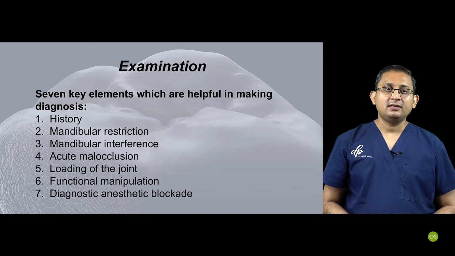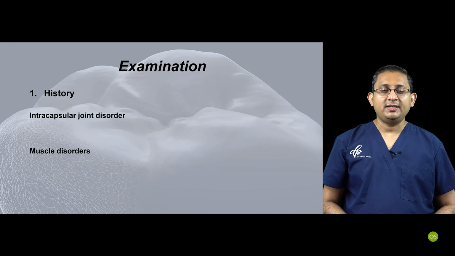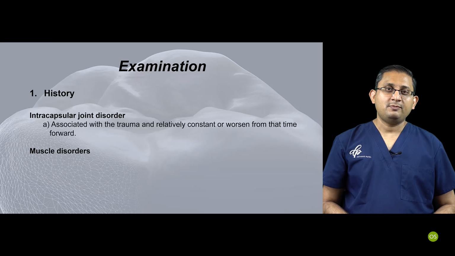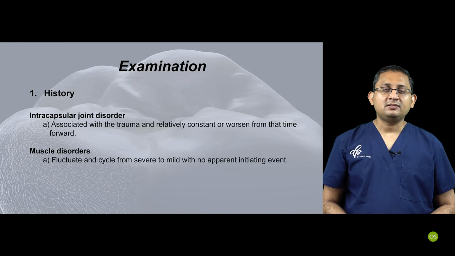So if you're taking history, the patients with intracapsular disorder may present with a recent history of trauma, and acute pain starts straight from the trauma and persists or gets worse over time. Whereas the muscle pain could go high and low.